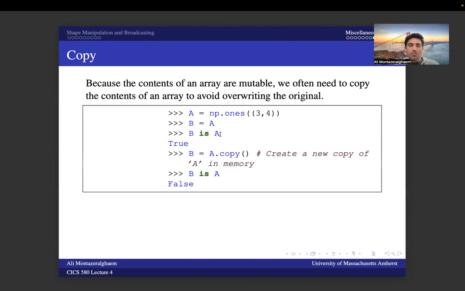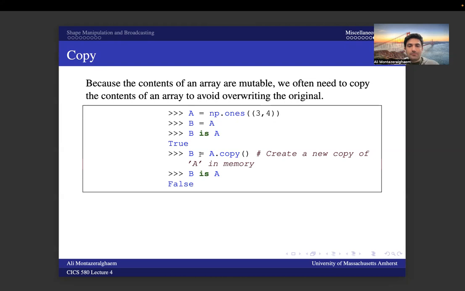So maybe we don't want to do that, because we want to change the value in A without changing the value in B. So in this case, we need to copy the numbers that we have in the first matrix.